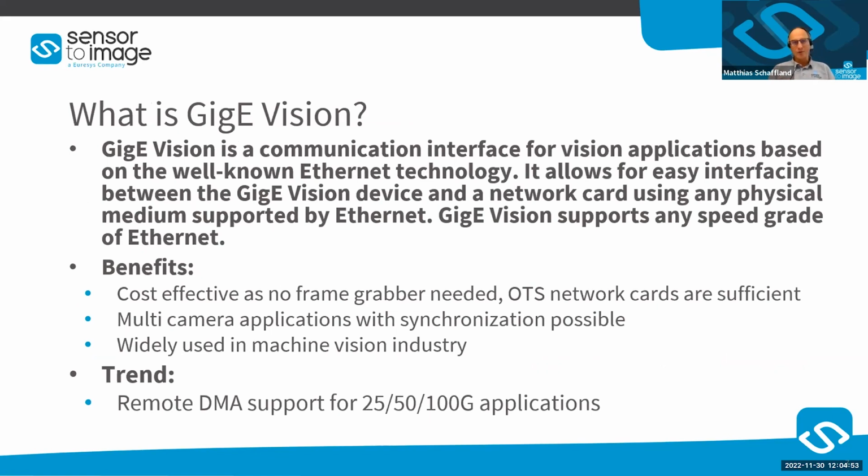I don't want to talk too much about these standards in detail, just that there's a trend, especially for GigE Vision. Currently, you see a lot of cameras with 5G, maybe some with 10G, but for further speeds we need some modifications. So the working group is working on remote DMA support, so that we are safe for faster speeds like 25G, 50G, or 100G applications.